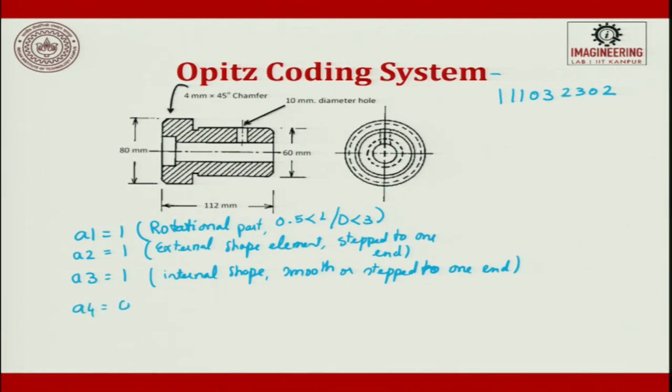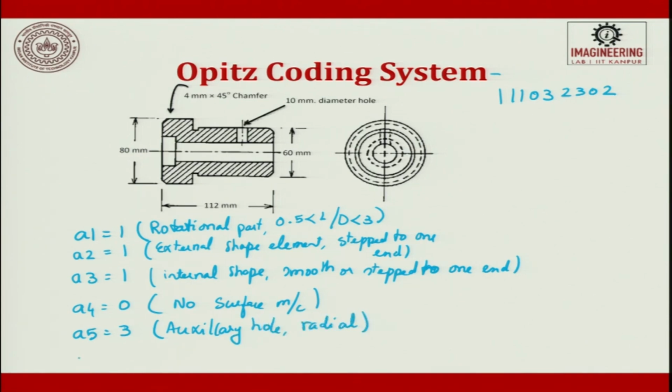A4 is 0 because there is no surface machining, that is to say milling. A5 is 3, wherein it talks about an auxiliary hole, radial.